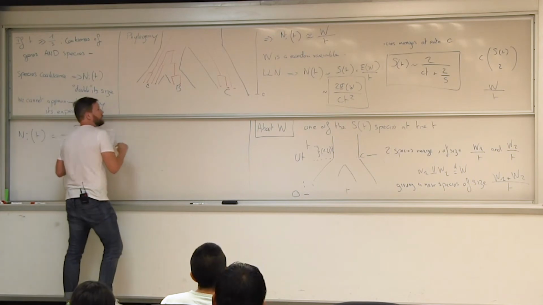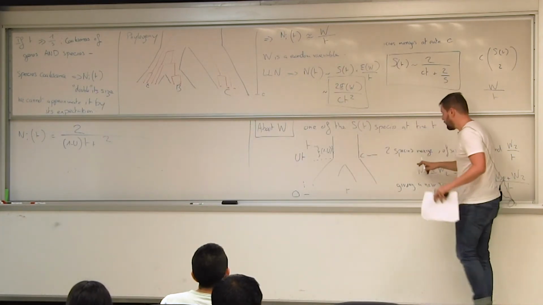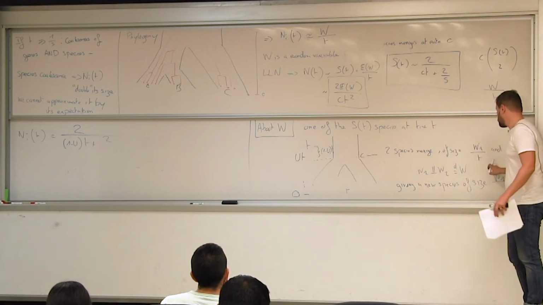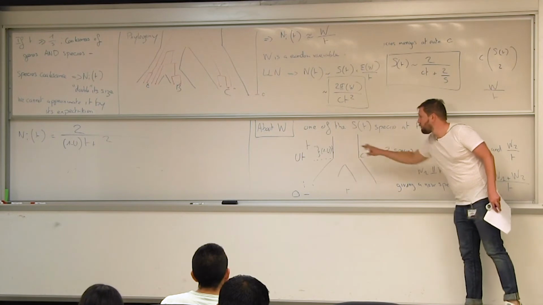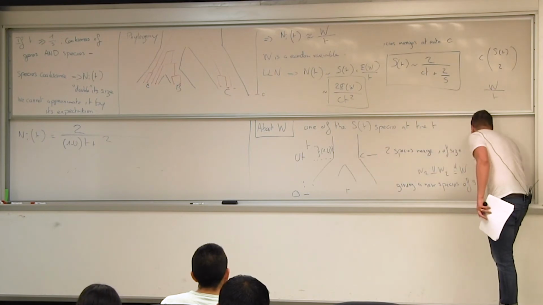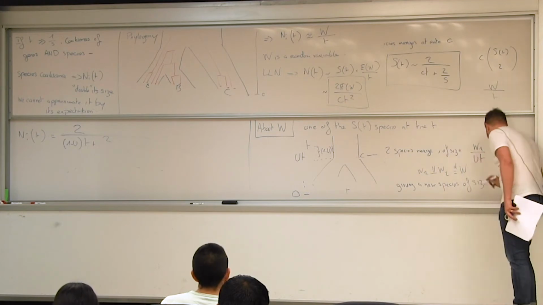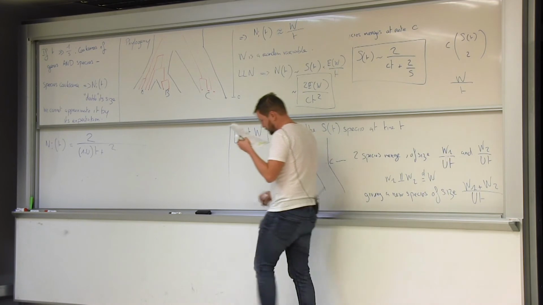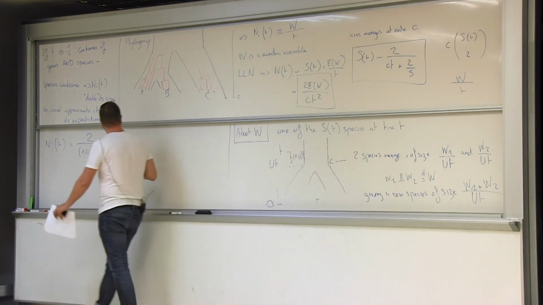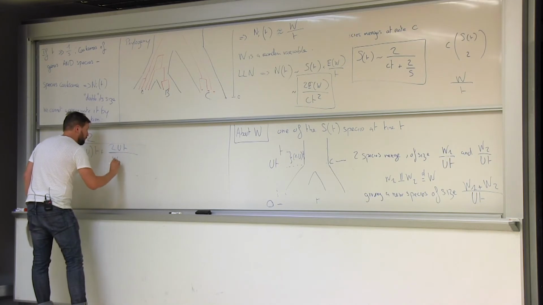Okay, sorry, there is an error. Of course, these two populations are not w1 over t, it's w1 over ut, because we look at them at time ut. So you have 2ut over w1 plus w2.